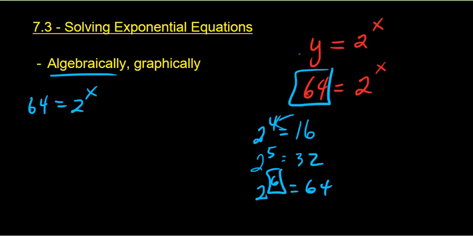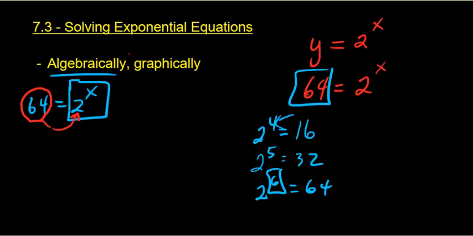And the formal explanation of how to do this is, on this side here you have a power, right? And x is in the exponent position. If you can write the number on the other side of the equation with the same base as this power, that means that if the two sides have the same base, then the exponents will also equal each other.